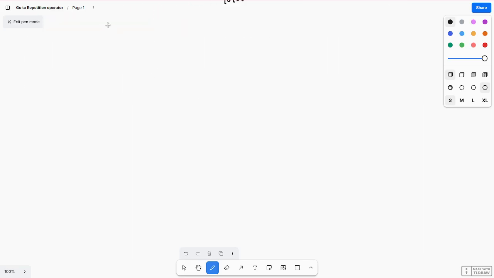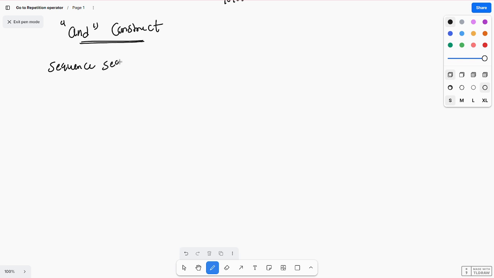Next is one more operator, that is not a repetition operator. This is different: the AND construct. Let us take one example.